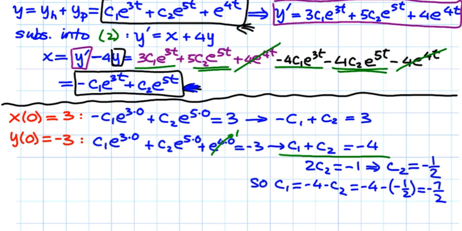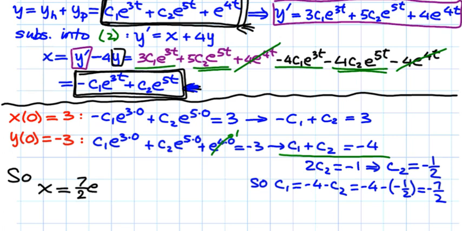We have the solution. Remember, this is x and this is y. So x equals negative c1, which gives us 7/2 e to the 3t, plus c2, which is negative 1/2 e to the 5t, and that is x.